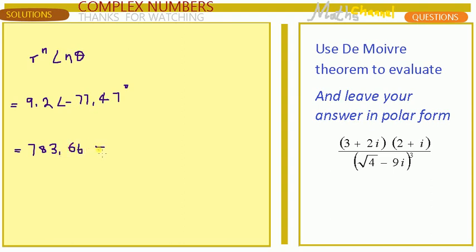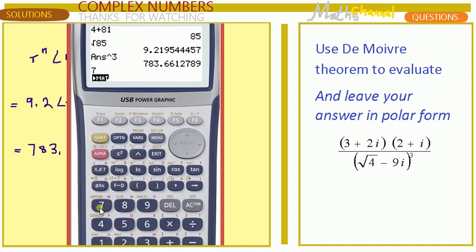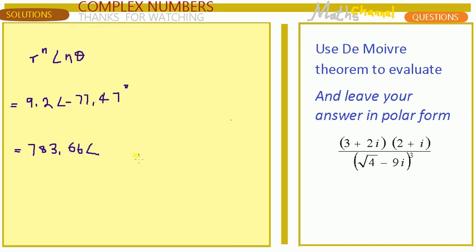So multiplying the negative 77.47 by 3 is negative 232.41.